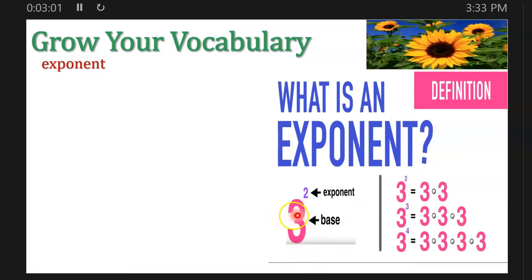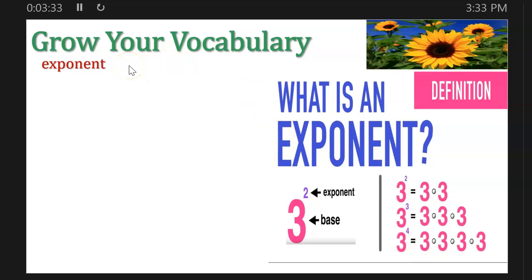So the base is the big number here, and then the exponent is that little 2 right there. And that's telling us to take this 3 and multiply it 2 times, okay? Or 1 time, but 2 3s in the multiplication. So 3 times 3. If this was a 3 here, then we would do 3 times 3 times 3. And then a 4 tells us to do 3 times 3 times 3 times 3. So again, that number is telling us how many 3s we're multiplying there.